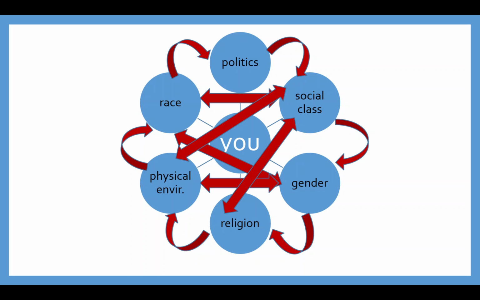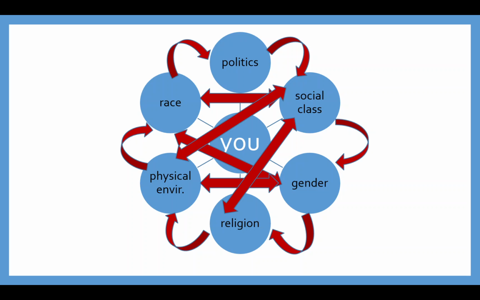So, specifically, C. Wright Mills defined the sociological imagination as, quote, the awareness of the relationship between personal experience and the wider society. How your own biography, your own life story, your daily life is a result of everything that came before you, how it all interacted within a larger social context.